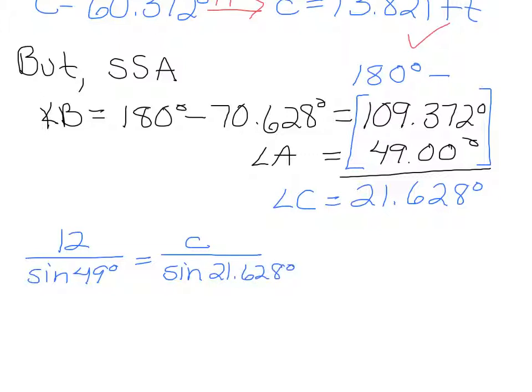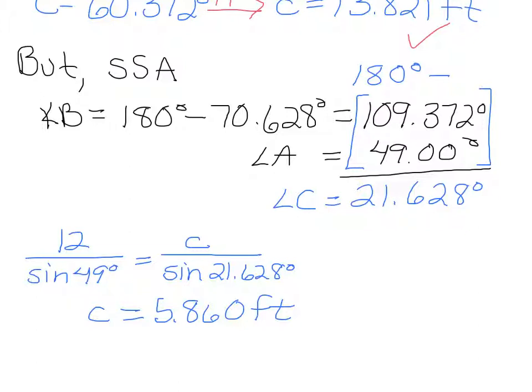And if that's the case, doing our calculation, we find that side C is 5.860 feet.